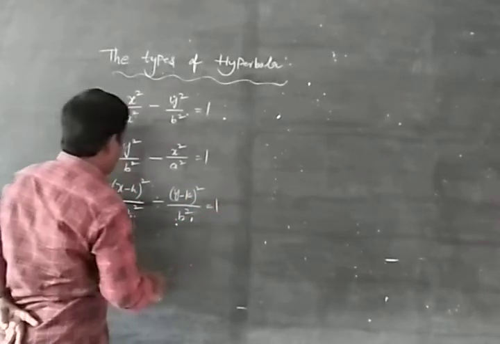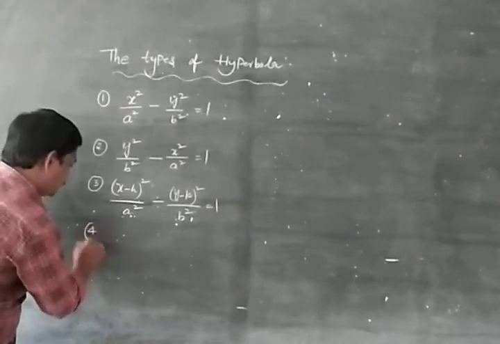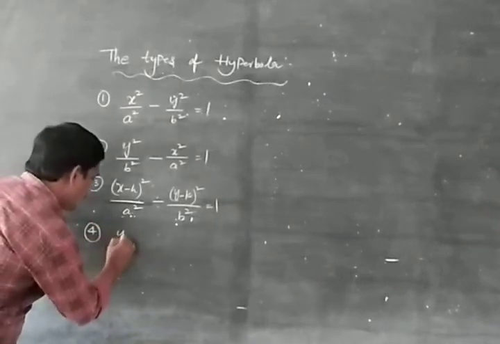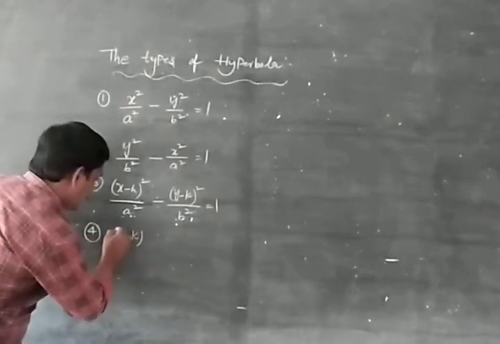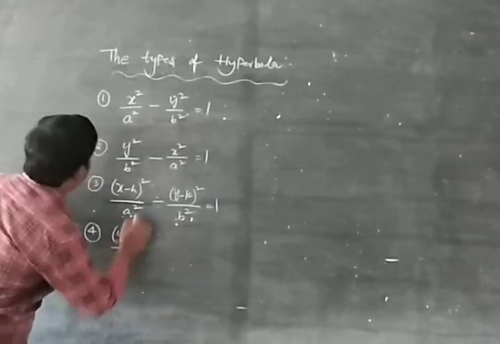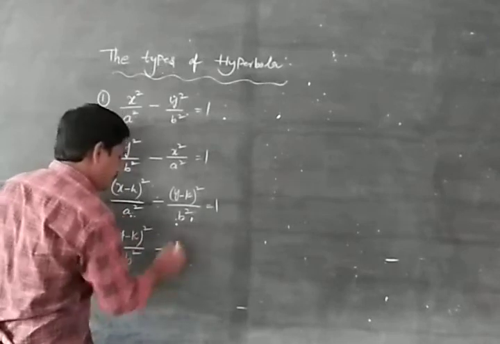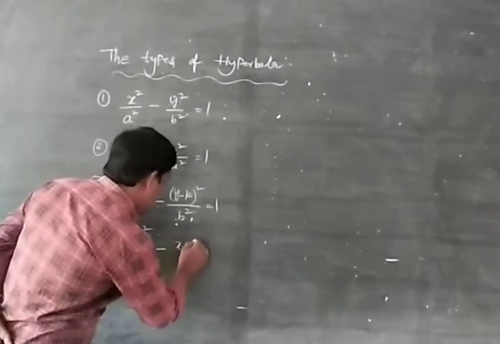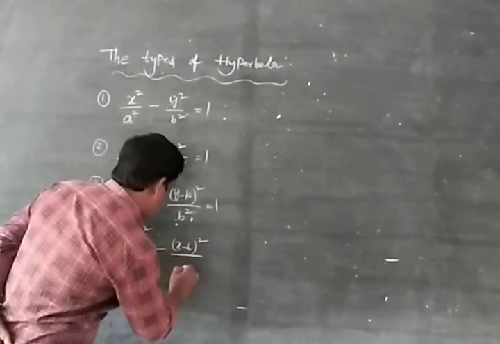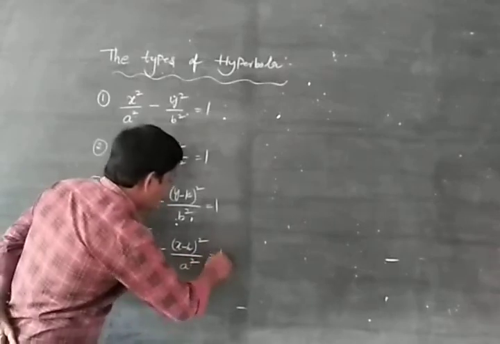This is one. And the fourth one, y minus k whole square by b square minus x minus h whole square by a square equal to 1.